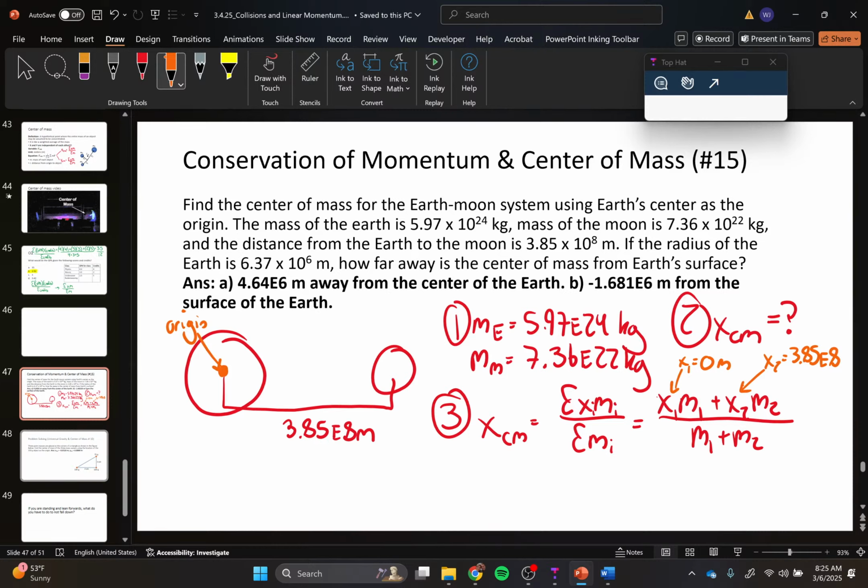Is that working? There you go. Did you go the right direction?